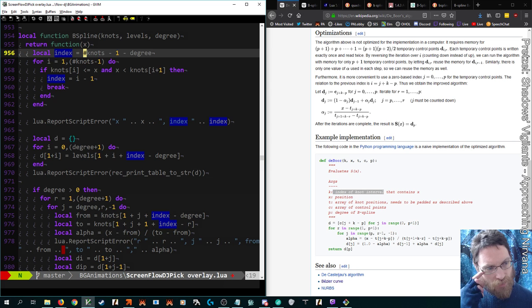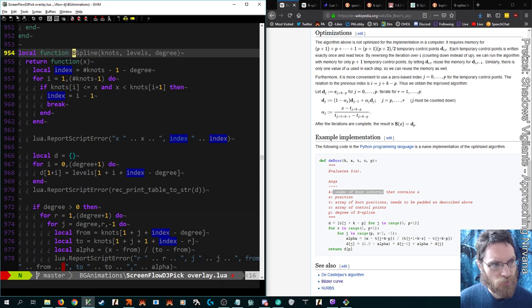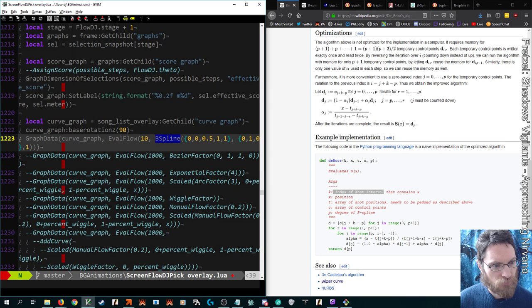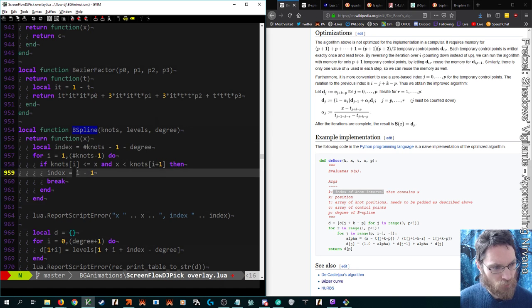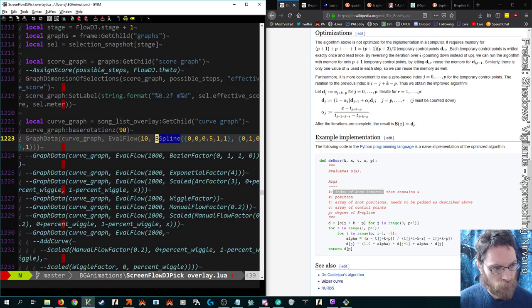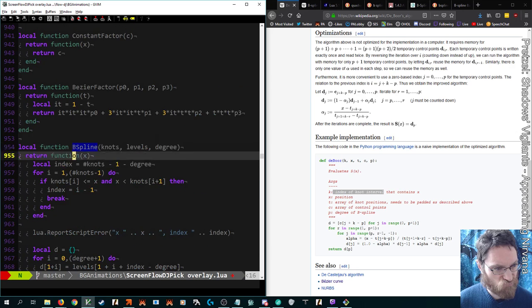We're currently doing 5. Yeah, 0, 0.5, 1 with 1 degree padding. 5 minus 1 is 4. The last entry.